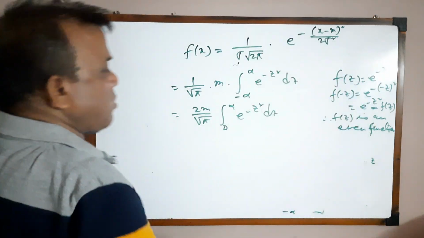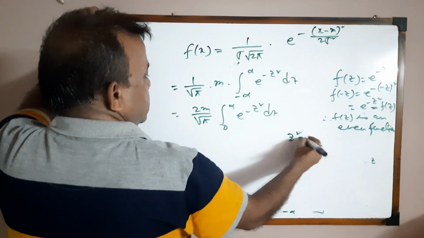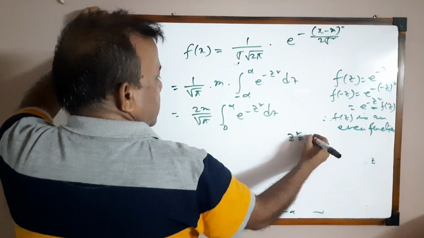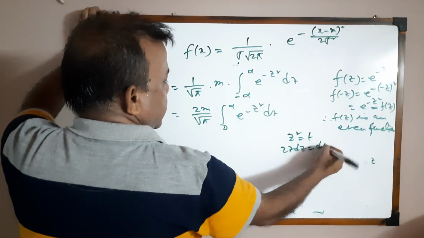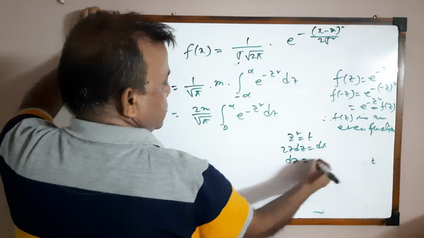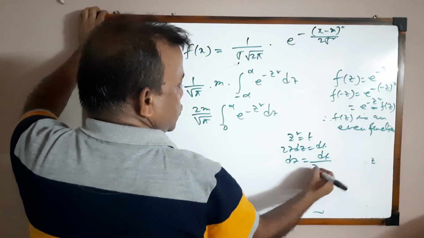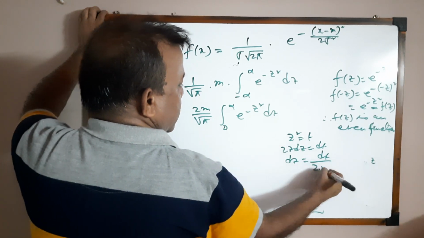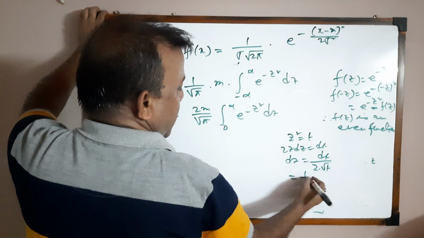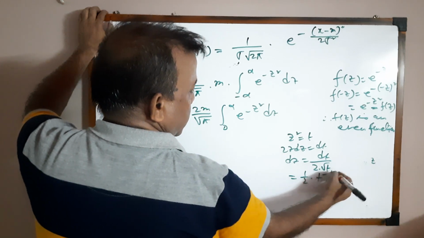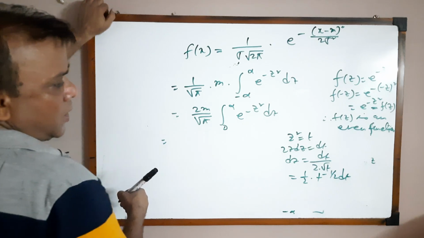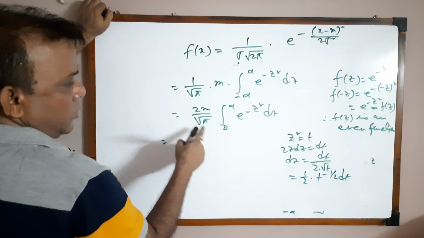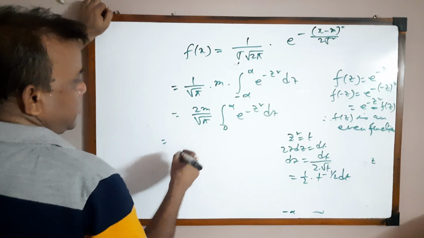Now we put z square equal to t, 2z dz equal to dt, dz equal to dt by 2z, z means root under t, therefore half into t to the power minus half dt. Limit will remain unchanged.